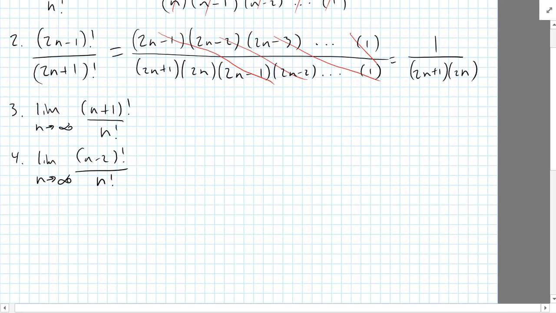For our next one, we actually want to take the limit. So first, we're going to write it out, and then we're going to simplify it, and then we're going to take the limit. So it's going to be n plus 1 times n minus 1, dot, dot, dot, down to 1. And on the bottom, I'm going to have an n times n minus 1, dot, dot, dot, all the way to 1.